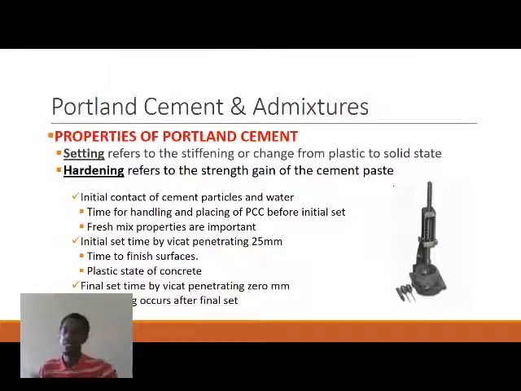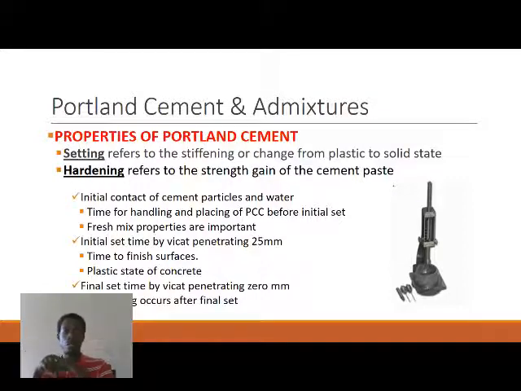Usually you put in cement paste. Remember, cement paste is a mixture of just cement alone and water. So you put it inside that bowl, leave it and begin to measure time after the mixing, and begin to drop the penetrating rod down. At the time when it starts to penetrate 25 millimeters, that's when it begins to set, so you choose that as your initial setting time.